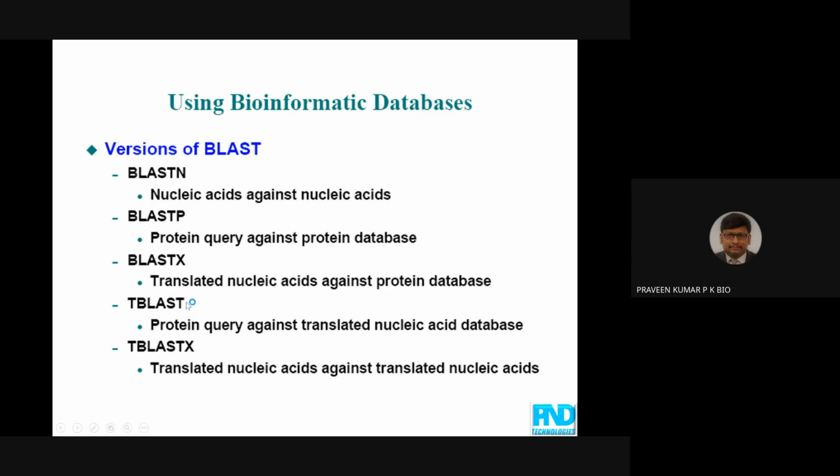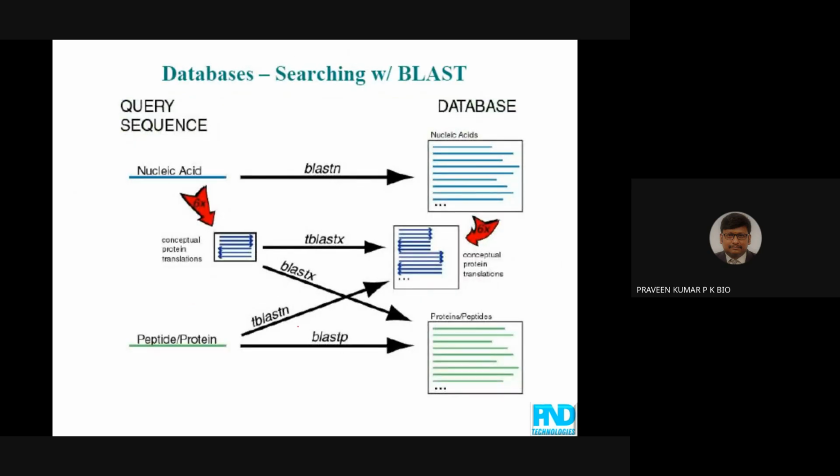This is TBLASTN. This is TBLASTX. I also write here, this is TBLASTN, this is TBLASTX. So this is missing here. But if you see here, we can see this TBLASTN. Also, we have TBLASTX.